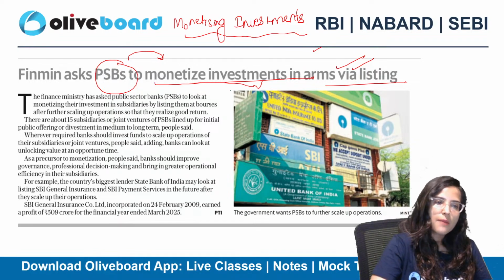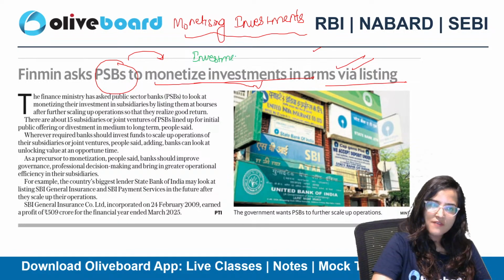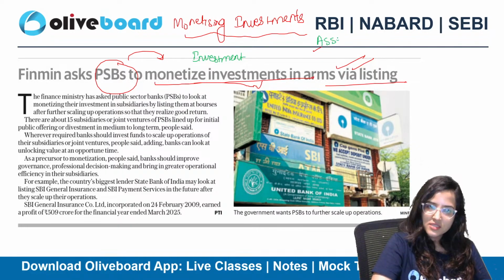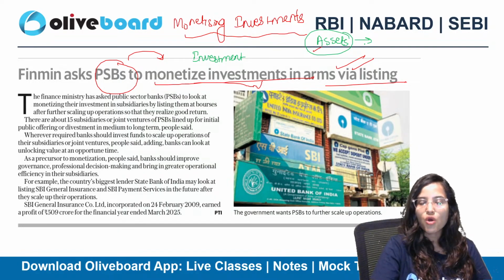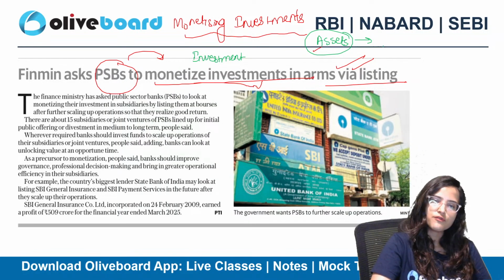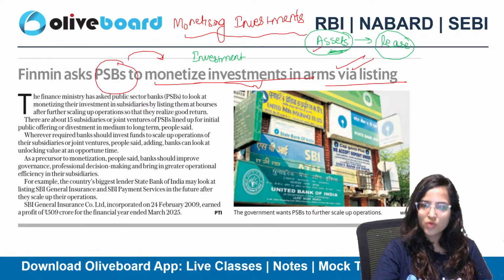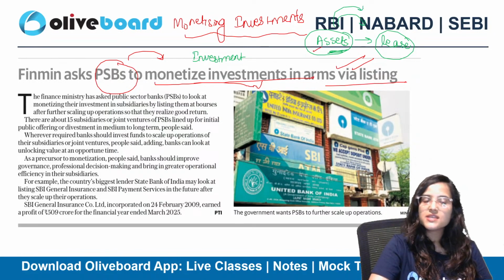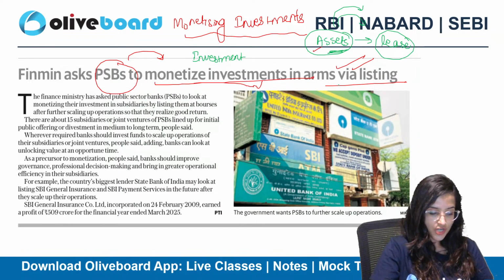See, sometimes what happens is we have investments, we have certain assets which can generate us revenue if we monetize them, or say if we lease them out. We have certain assets जो ऐसे ही पड़े हैं and we are not utilizing them. But if we put it into use, or if we lease it out, then we can generate some income. ठीक है?